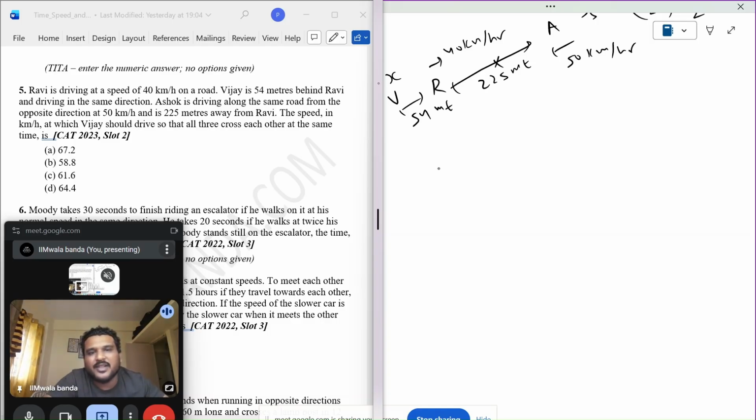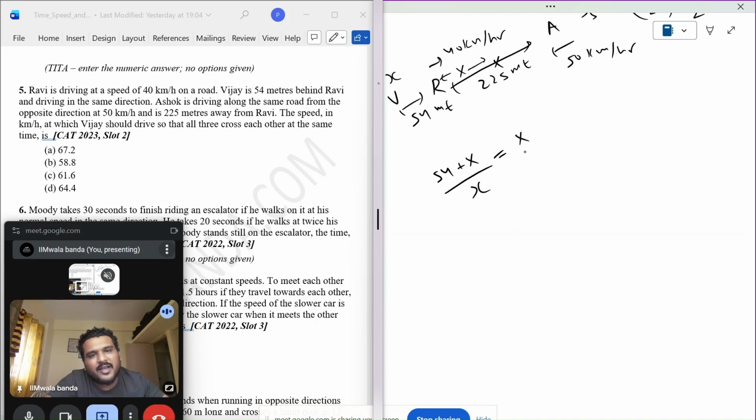Let's say they cross each other here and let's say this is X again, X from here. So what is the distance that V is traveling? V is traveling 54 plus X with its speed of SV, and it is taking the same time. They're all meeting here, right? So time will be same.